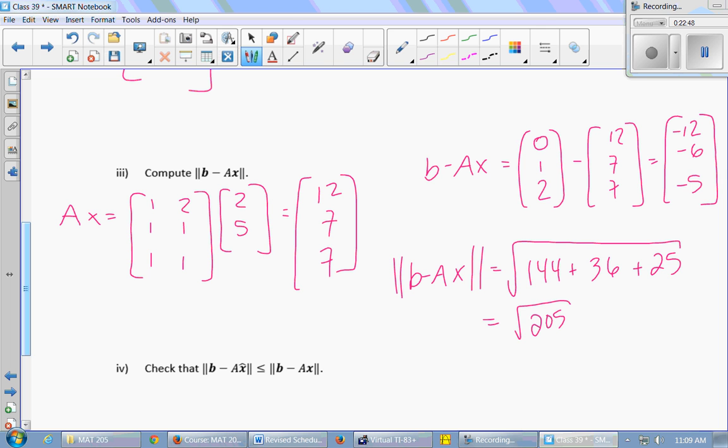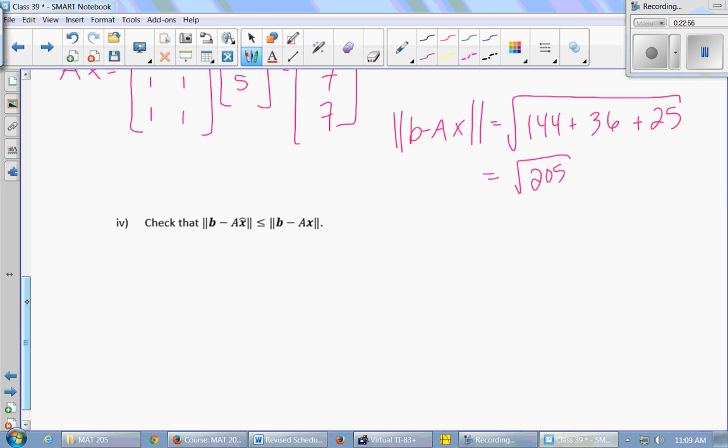Which one is smaller, 1 over root 2 or the square root of 205? 1 over root 2. The distance from B to AX hat, 1 over root 2, is definitely less than the square root of 205. And no matter what X you chose here, you would get that 1 over root 2 is smaller, because X hat is the X that makes AX hat closest to B. If it's not, then you messed up.